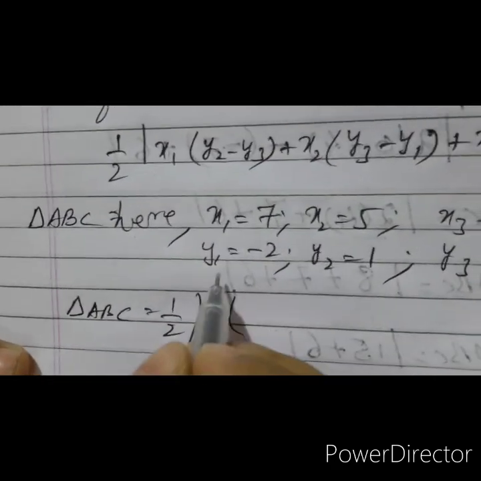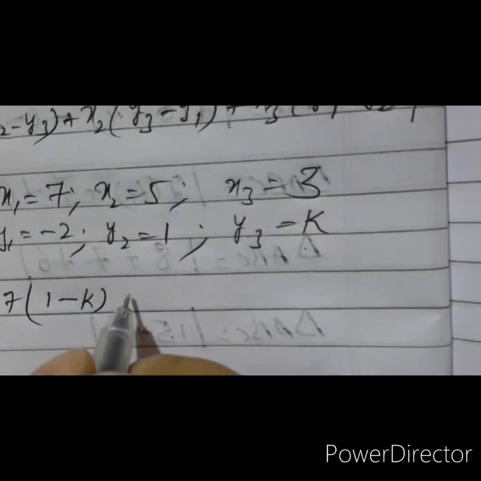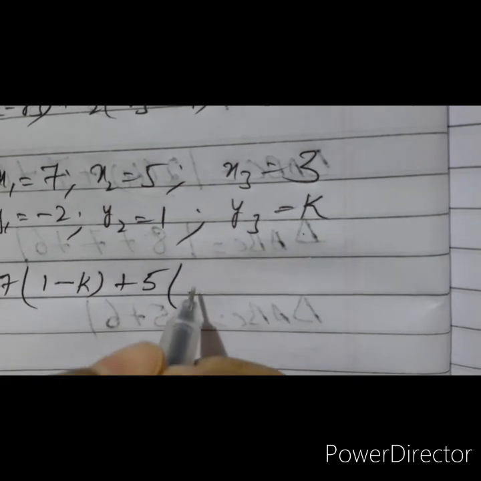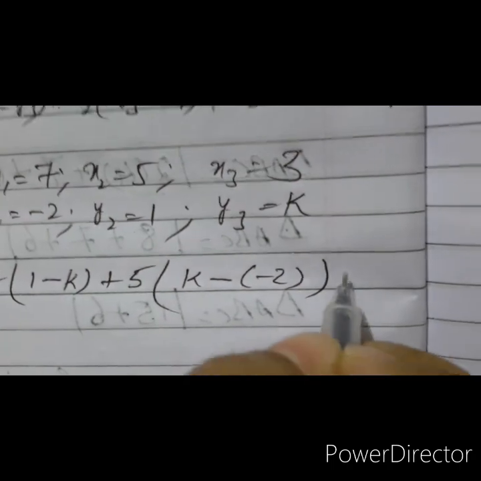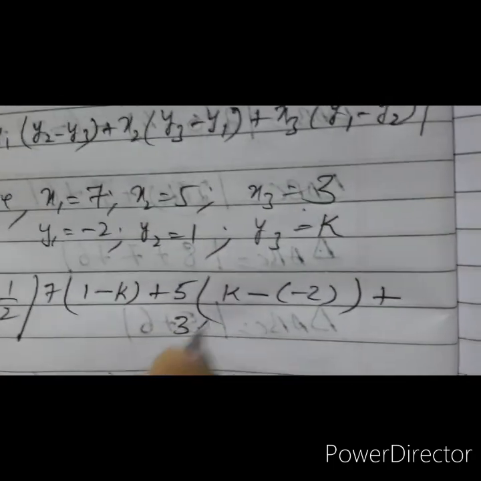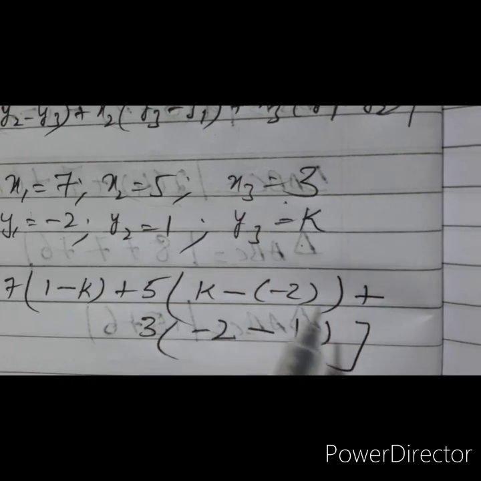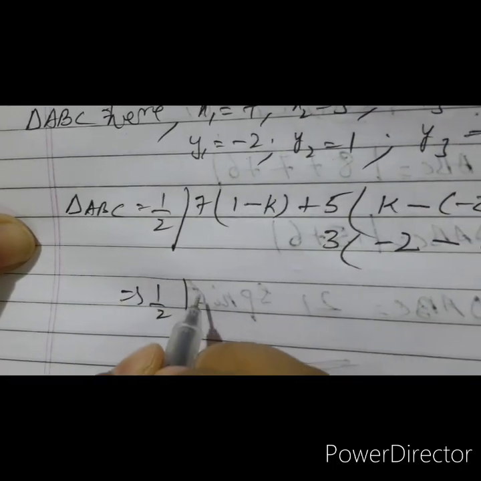Half into, what is x1? 7, y2 is 1, 1 minus k, plus x2. x2 is 5. y3 is k minus y1 which is -2, plus x3. What is x3? 3. 3 into y1 is -2 minus y2 which is 1. Clear? Now open the brackets.